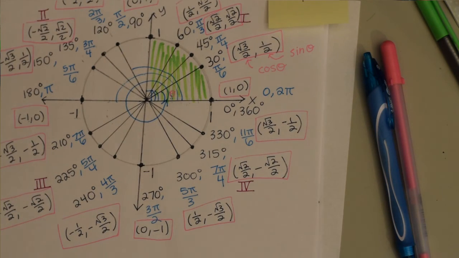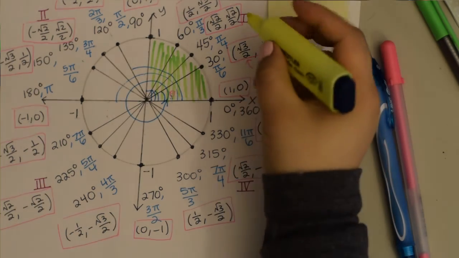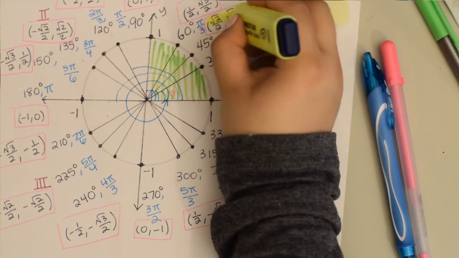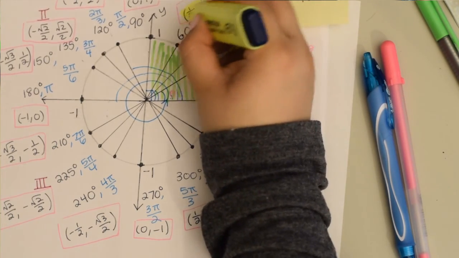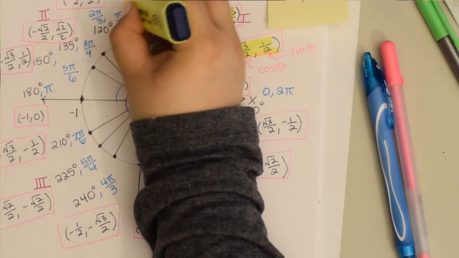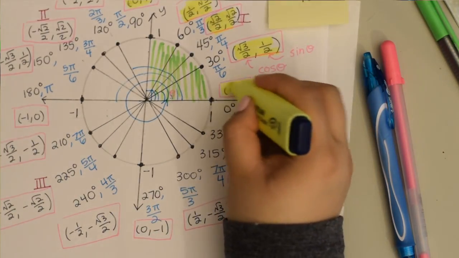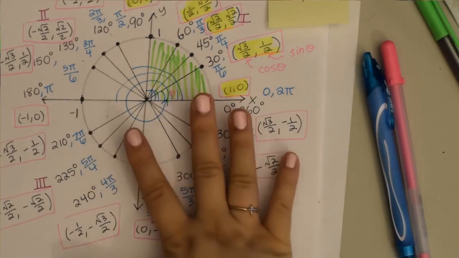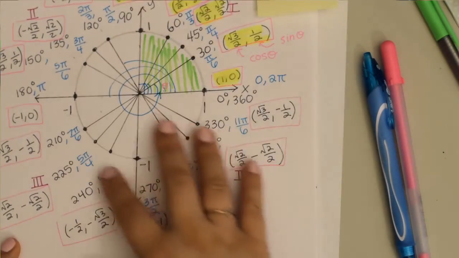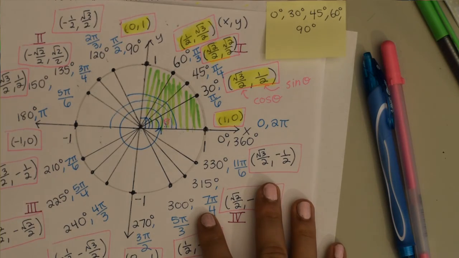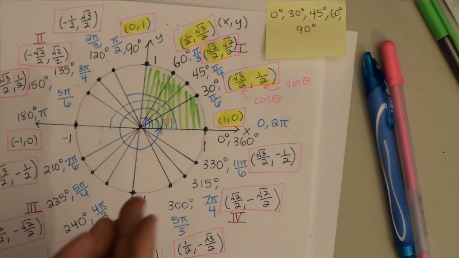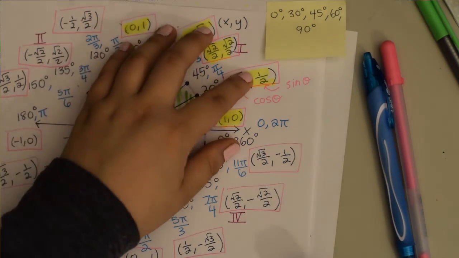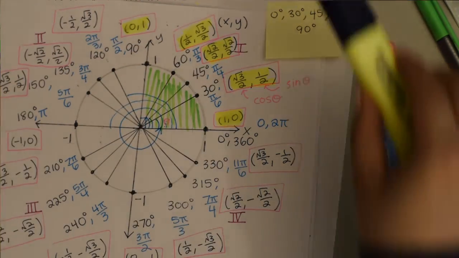But for now, I would highly recommend memorizing these values here in quadrant 1. This is our friend, and also you might as well get used to 0 and 90, but that's not something to memorize. You can actually just draw this out, and if you really understand what's going on, that's not anything you have to be scared of or memorize, because it's 1, 0 and 0, 1. So if you memorize these, you can get the rest of this.